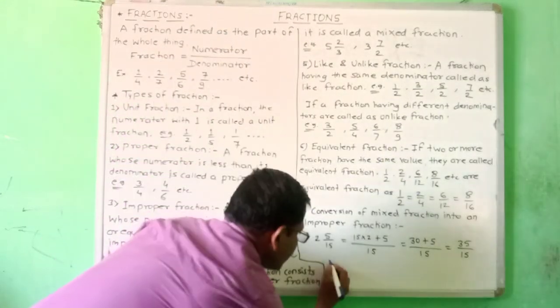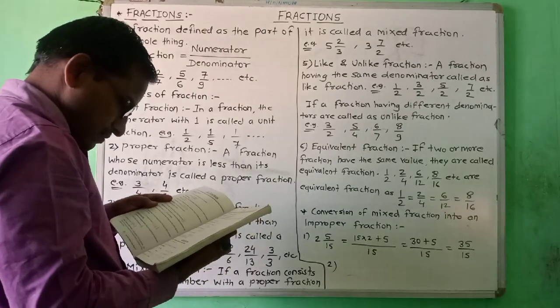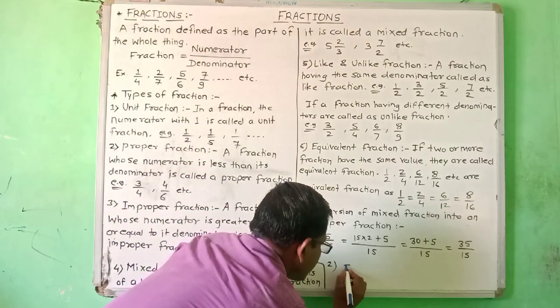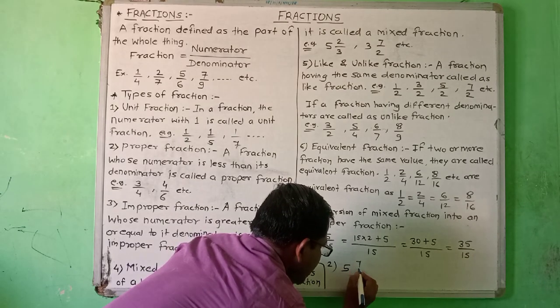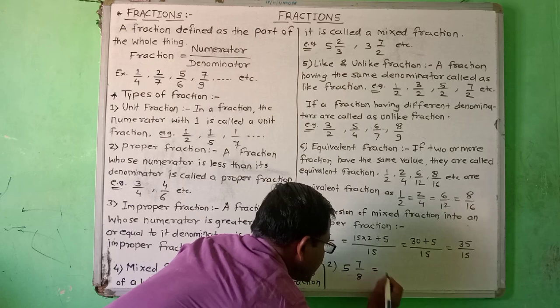I'll take another example. Five integer 7 upon 8 is equal to.